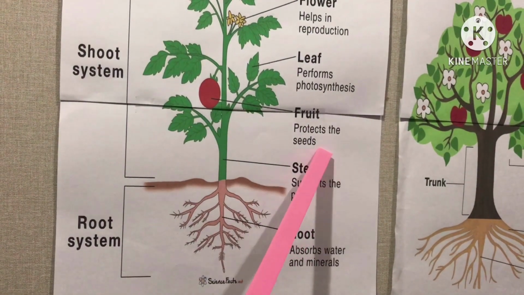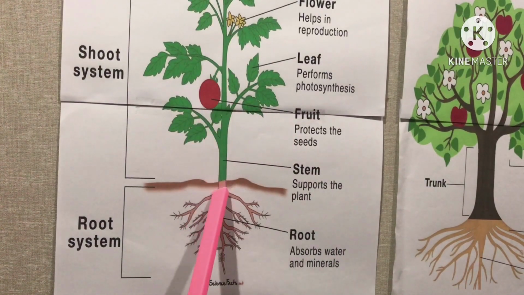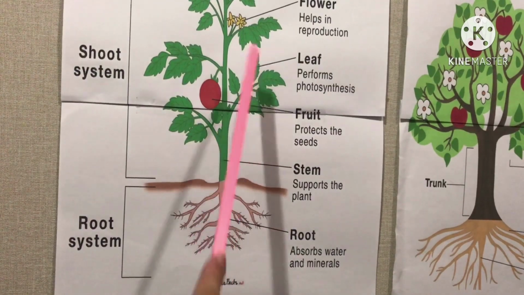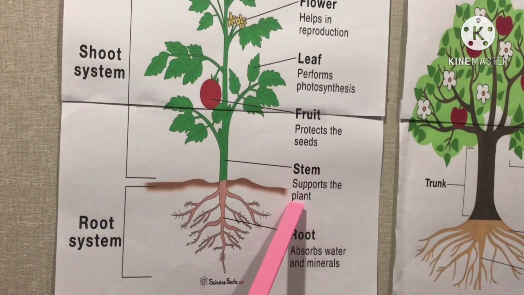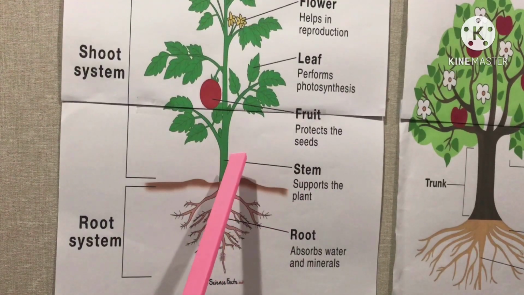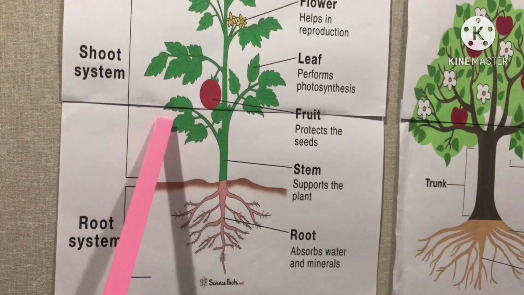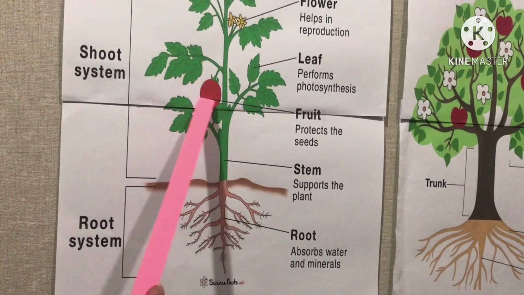Next, we have the stem. What is the use or the function of a stem? It says here, it supports the plant. So the stem provides support for the leaves and the flowers as well as the fruits.